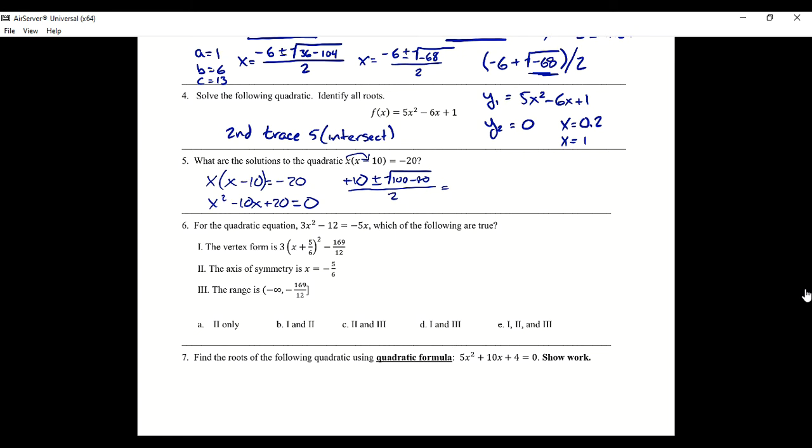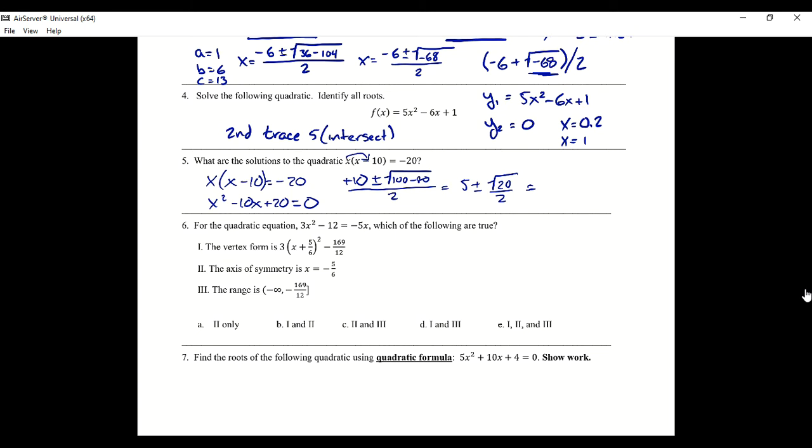So we have 5 plus or minus the square root of 20 over 2. And if we wanted to, we could check to see if the answer's in a fraction form, we're good here. Otherwise, we could go ahead and take the square root of 20 divided by 2.